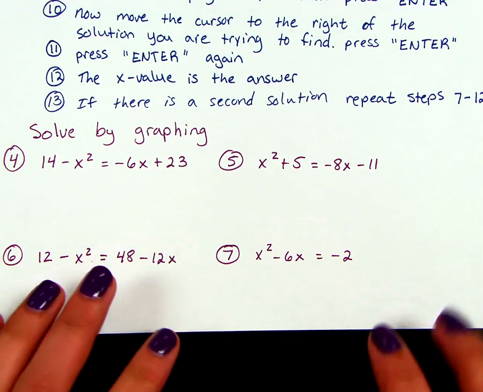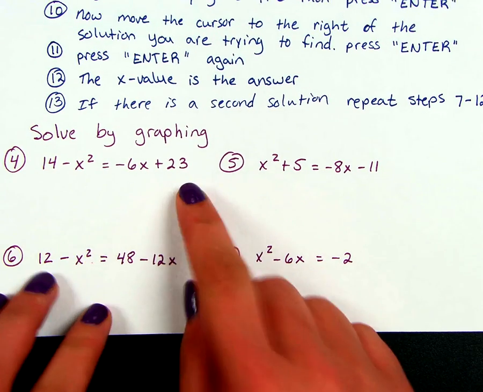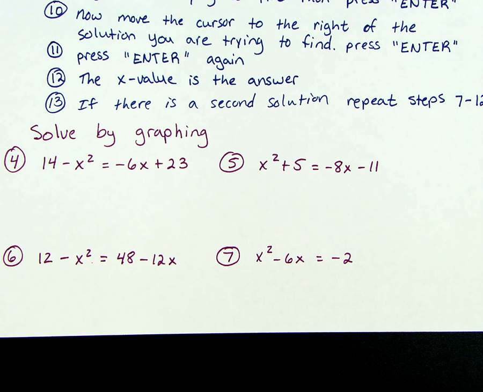So if we take a look at our first problem, we have solve by graphing. So again, it has to be in standard form for us to be able to graph. And usually we want our squared term to be positive. So we're going to start by solving our equation so that everything is on the same side equal to 0.